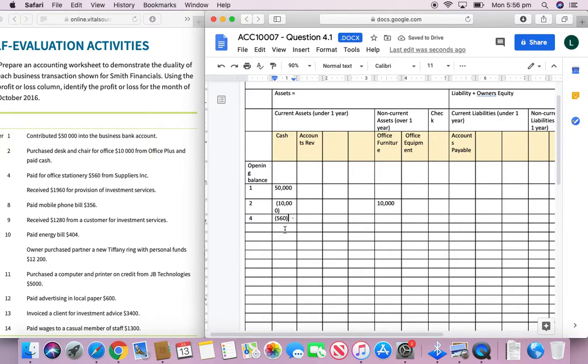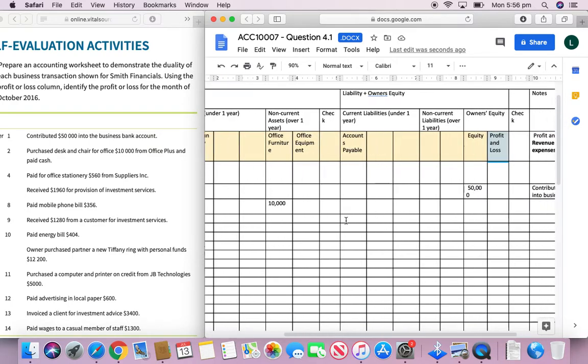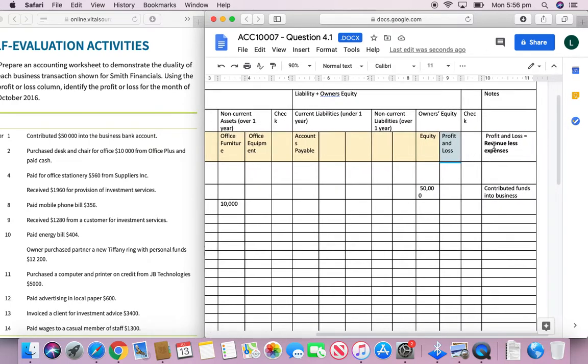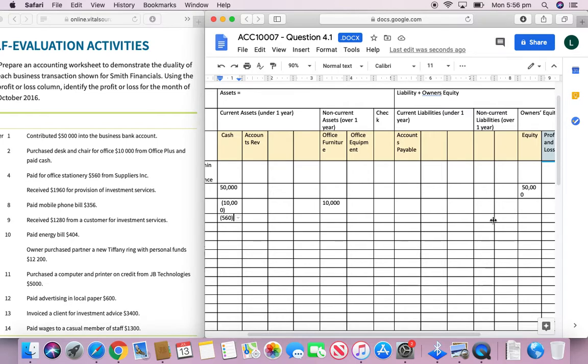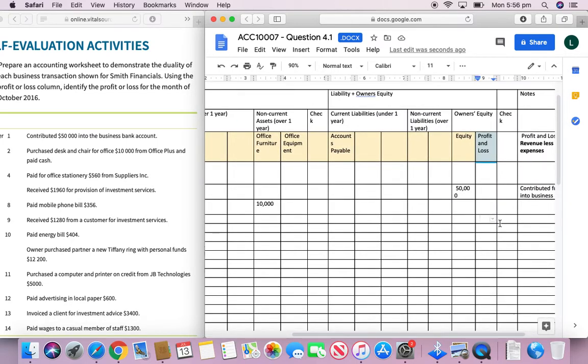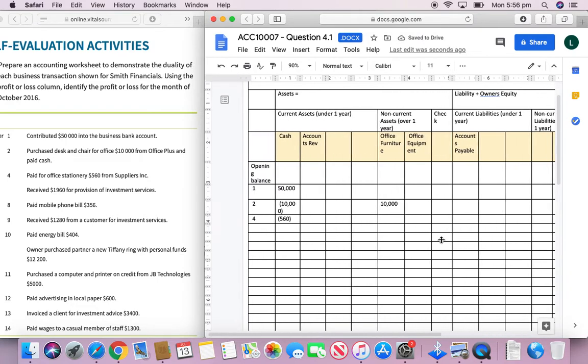Now the other side of that is an expense, which is the office stationery. So as I mentioned here, our P&L, see expense up here, anything to do with revenue or expenses has to go in our P&L column. So we make sure I'm putting it in the right one here. So it's a decrease of $560 in our P&L. So that's an expense.